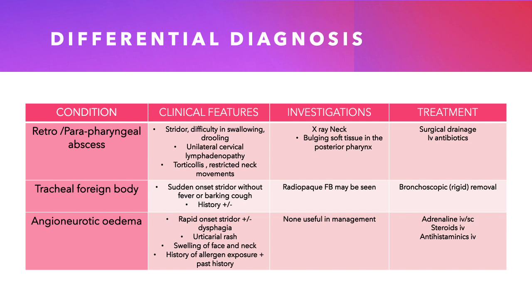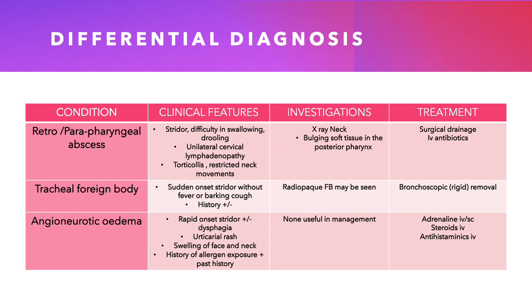X-ray neck will show a bulging soft tissue shadow in the posterior pharynx, and when we visualize the pharynx, by direct or indirect visualization also, we may be able to appreciate a bulge in the posterior pharynx. Treatment is surgical drainage and IV antibiotics.